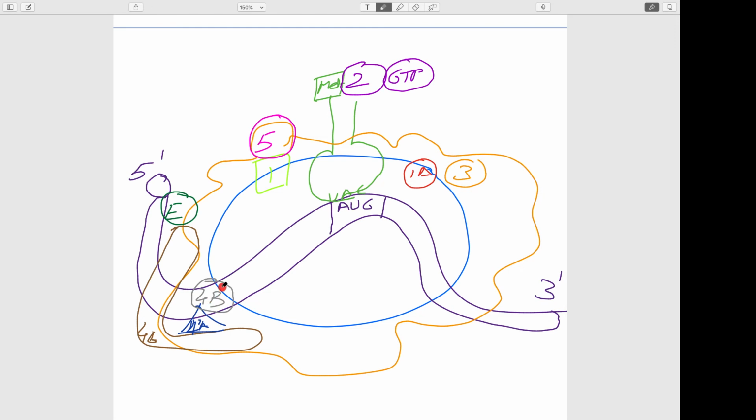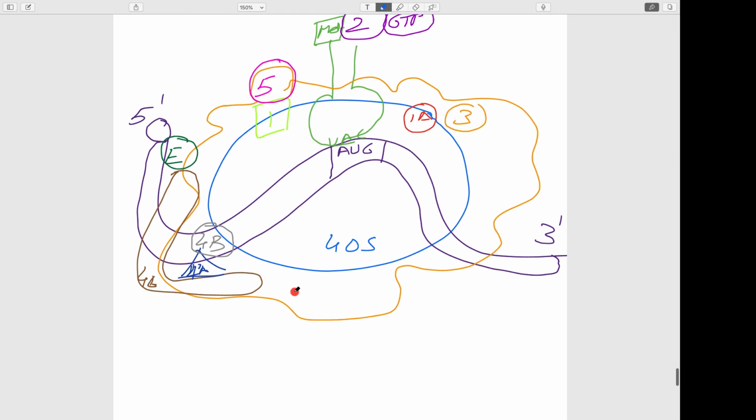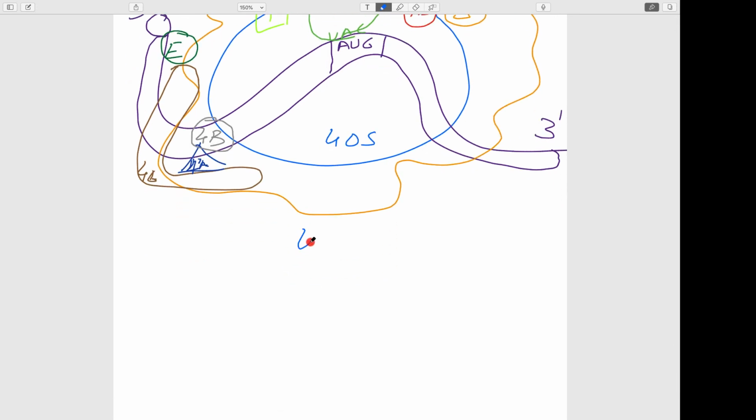So the binding has taken place. Here you can see 40S. Then ultimately the final 48S PIC has taken place with the proper alignment.